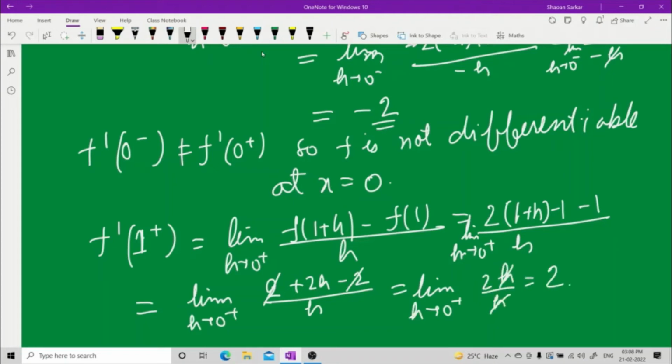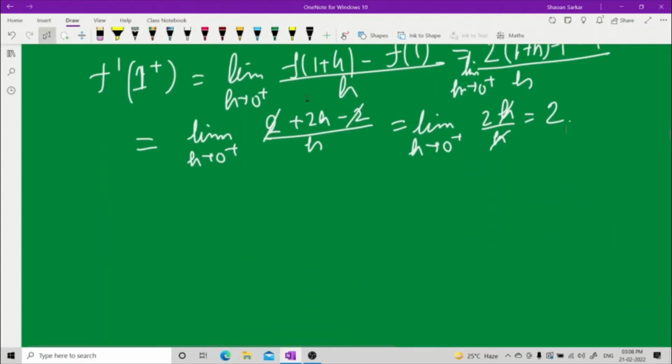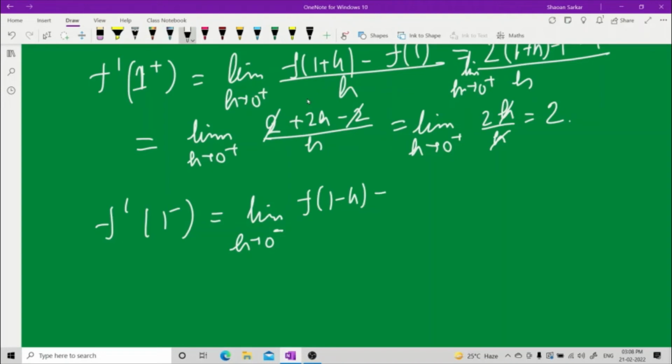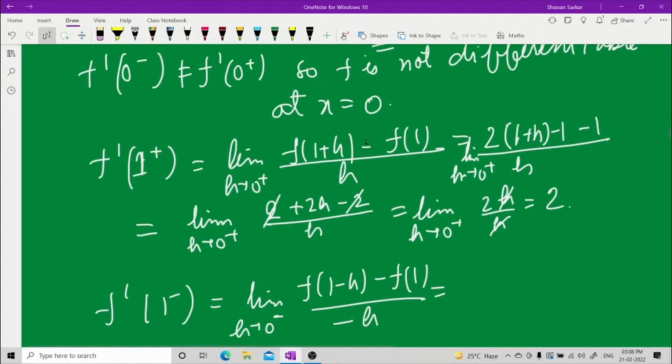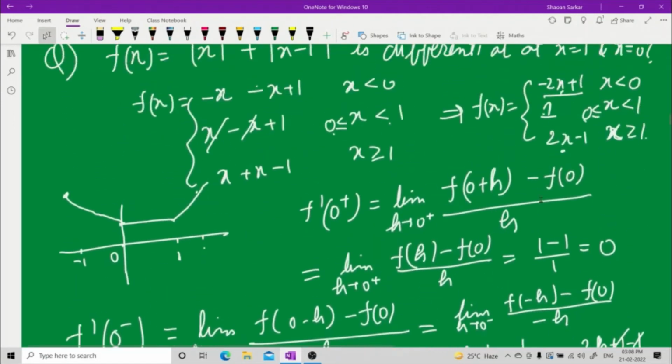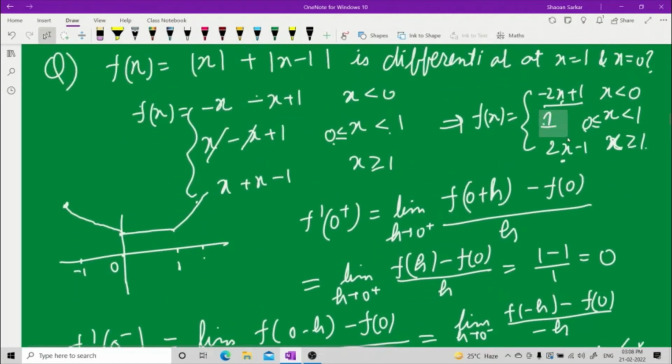Now we will check the left hand derivative. f'(1-) means on the left side, the limit as h tends to 0- of (f(1 - h) - f(1))/(-h). At 1 - h, which is less than 1, the value will always be 1. And f(1), if you put x = 1, it will become 2 into 1 - 1, that is again 1.